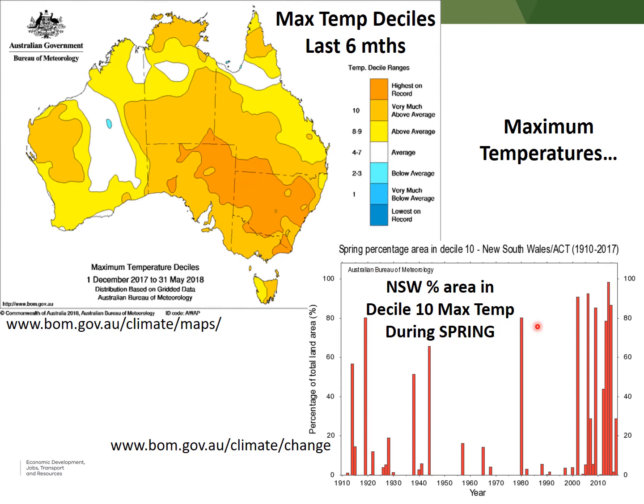And also down here, what we've got is for New South Wales, the percentage of area of New South Wales that's in decile 10 during spring, and you can see that long-term record there for the last 100 years, but certainly that decile 10 during spring is happening a lot more often, with a lot more proportion of New South Wales being impacted by that. So that doesn't really look like just natural variability.